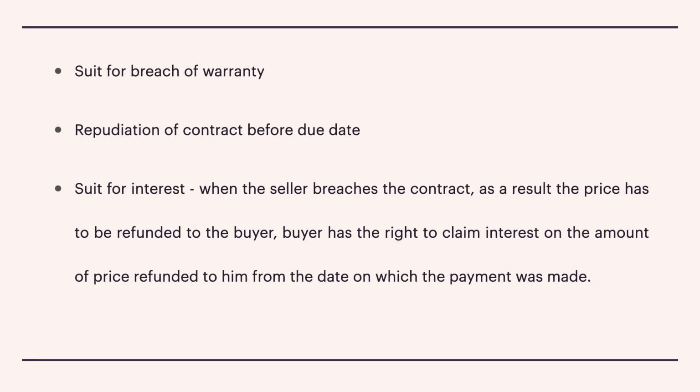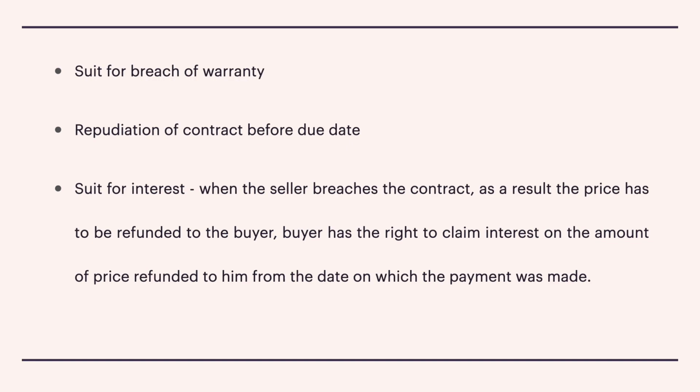Let's say the due date is on 10th. Now, today the date is, let's say, 5th. Today the seller is refusing to fulfill the promises of the contract. So, the buyer may either wait until the date of the contract and sue for the damages, or on that particular day itself, the buyer can sue him for the damages. Is that clear?